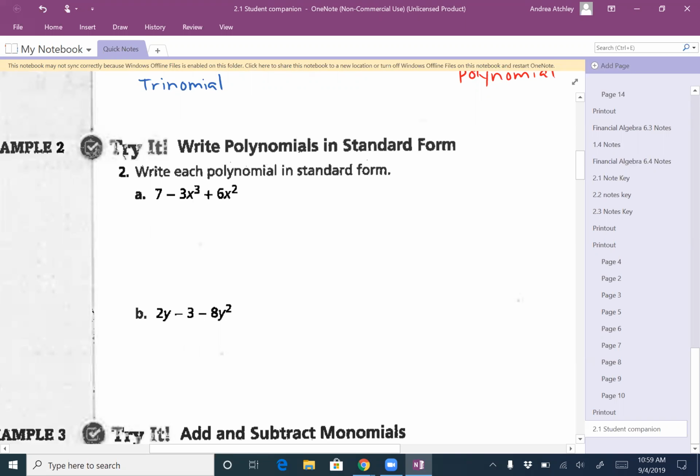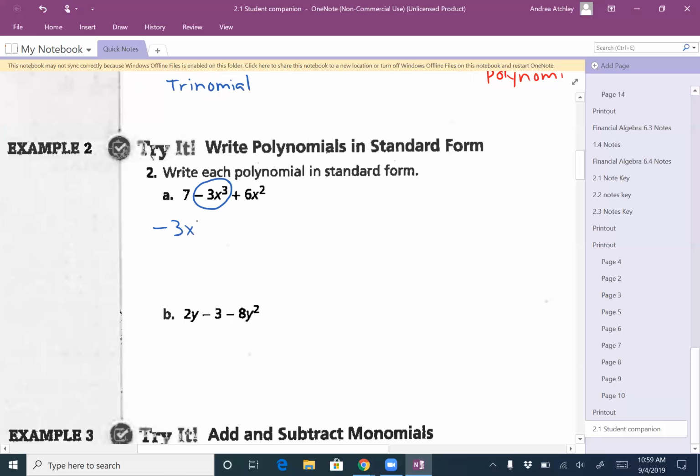Standard form? Very good. So we're looking for the highest degree term goes first. Okay, so if we look here, our highest degree is the exponent of 3. So negative 3x cubed goes first.